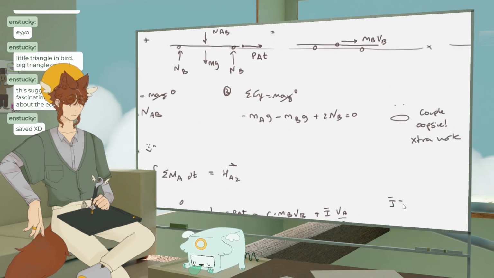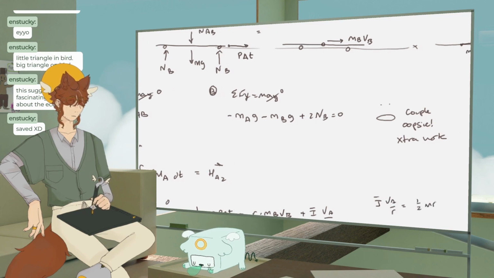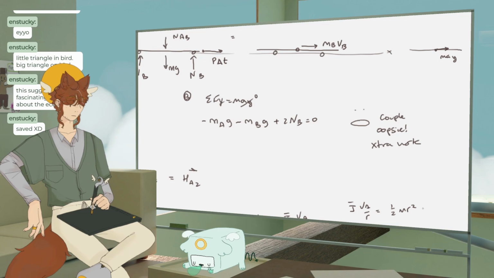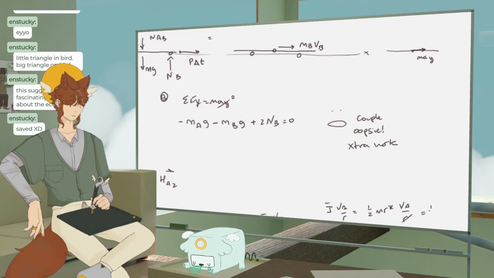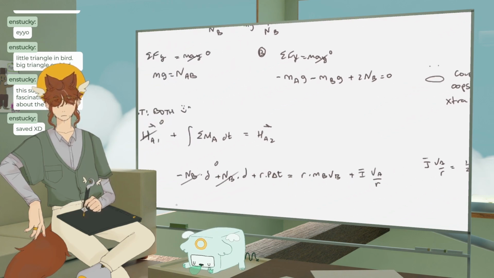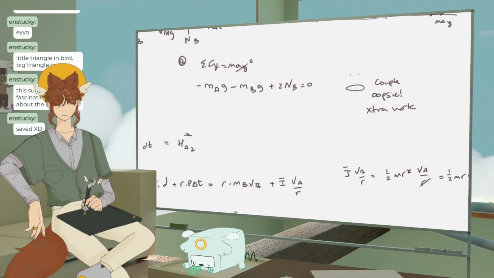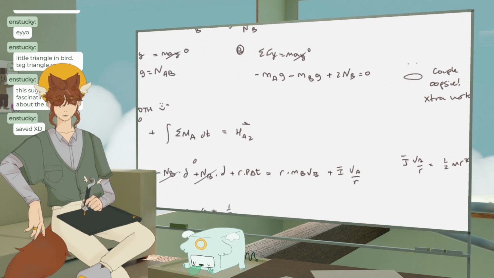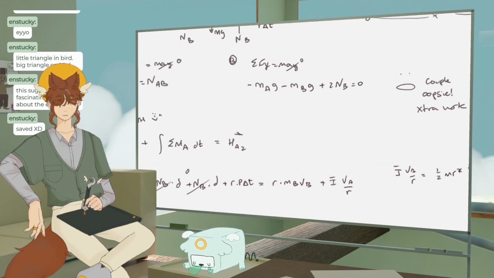I bar times v_A over R equals 1/2 m R squared times v_A over R. We can cross out an R, so we get P delta t equals m_B v_B plus 1/2 m_A v_A.